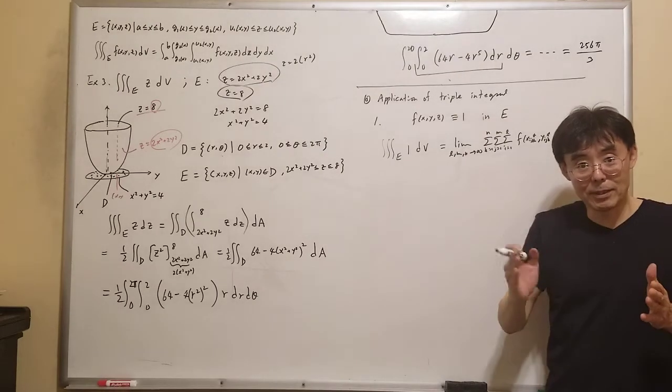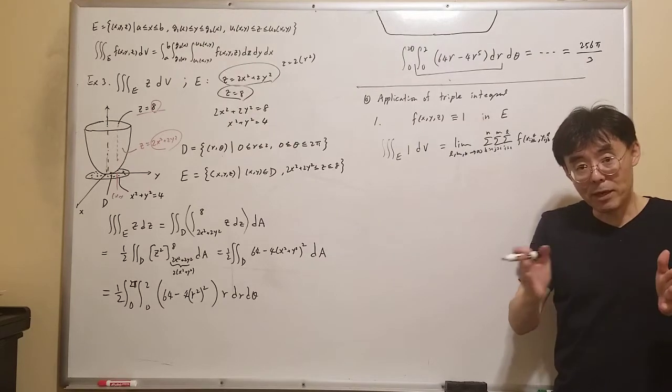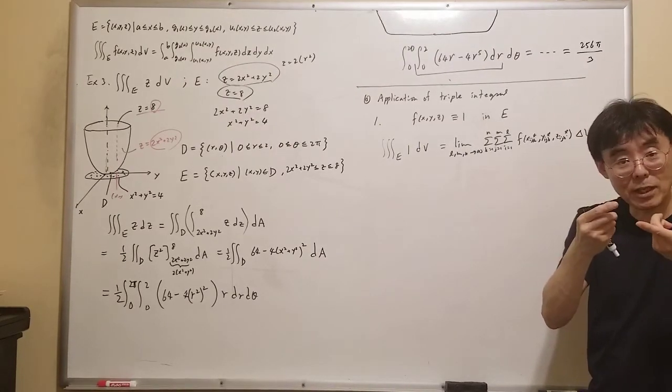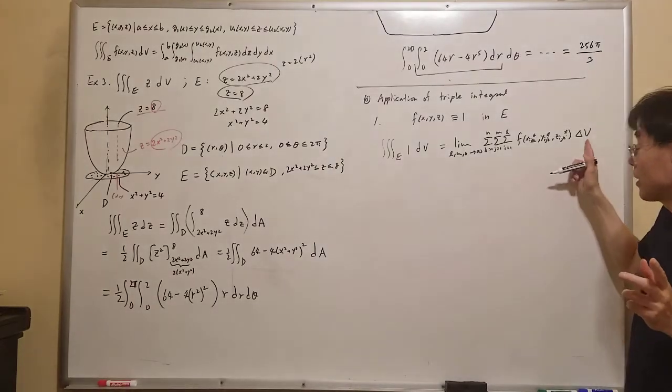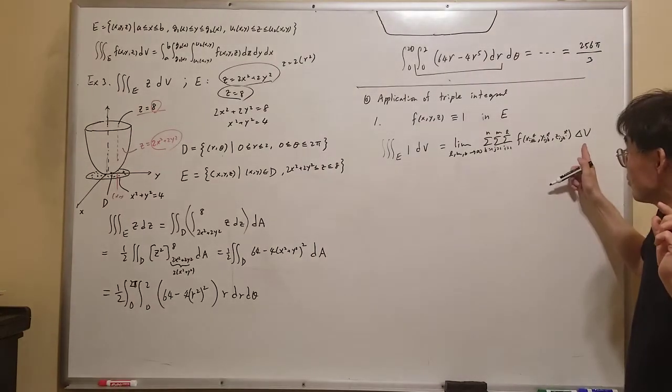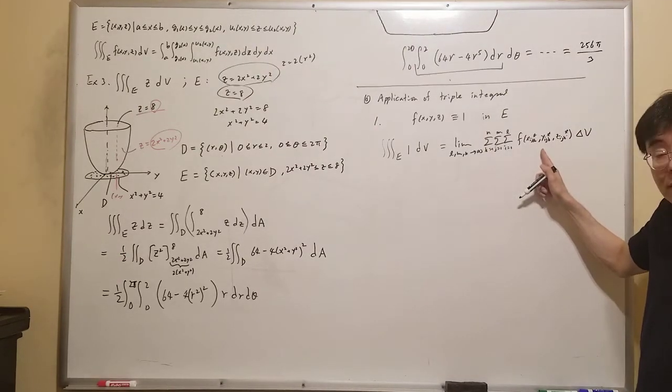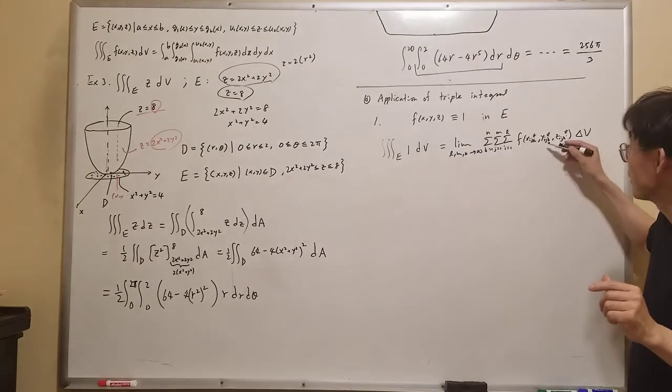You split the domain into small rectangular boxes. Each box's volume times the function value at one of the sample points inside the sub-rectangular box.